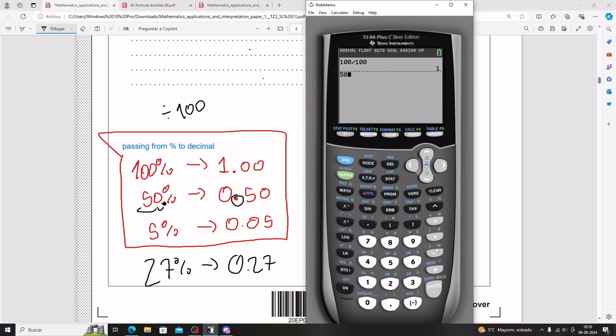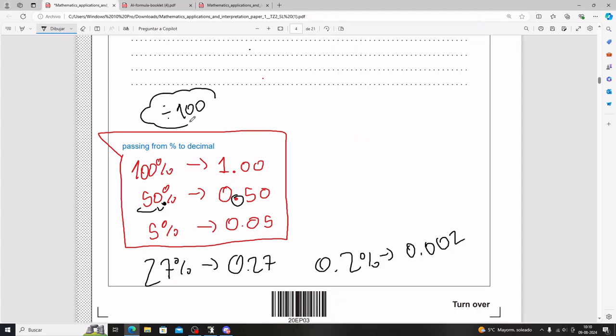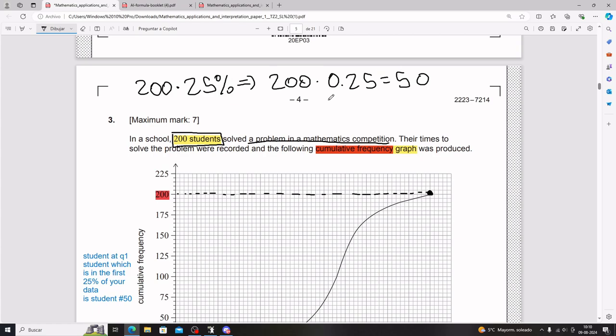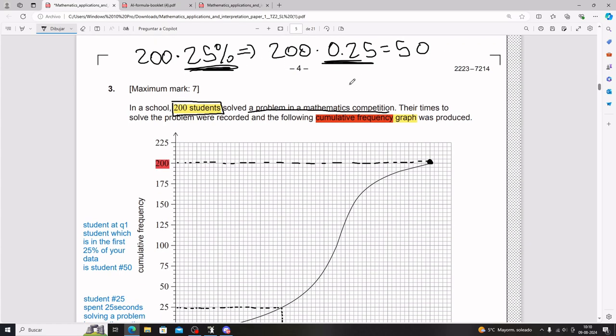If you take the 50 and you divide by 100, you end up with the decimal 0.5, same as 0.50. If you take the 5% and divide by 100, you end up with 0.05 as a decimal. So here are the 3 examples of this table. You can also memorize that you divide by 100. Anyways, that was just a little bit of blah blah because I know some people probably are confused on how this happened. Now you know.